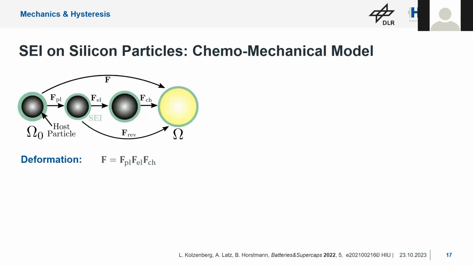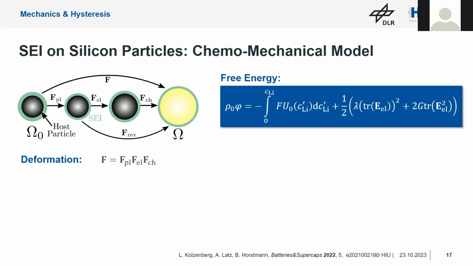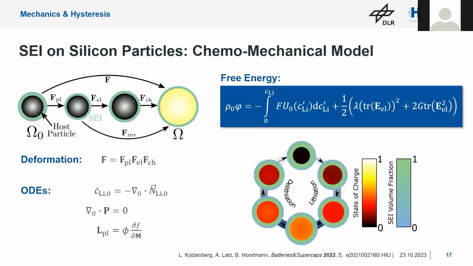So we build up physics-informed models of the SEI. So we have these transformation tensors. We take into account plastic deformation, elastic deformation, and chemical deformation due to the intercalation of lithium. Mathematically, we put all of this in a free energy, and we do thermodynamics-based models that include all the coupling, and then we can understand these lithiation, delithiation cycles.